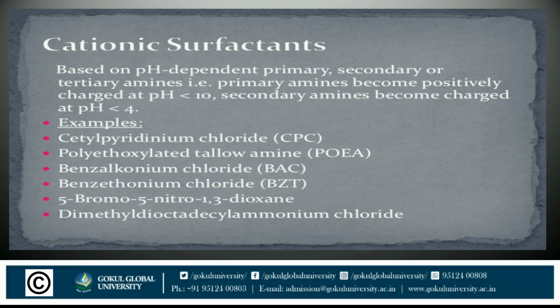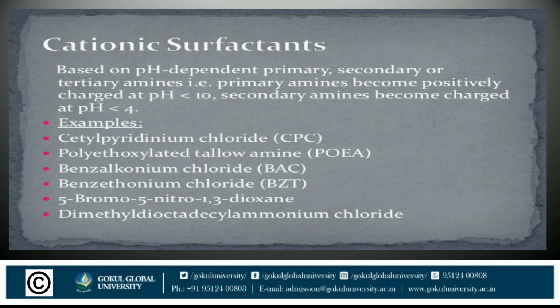Cationic and non-ionic surfactants, however, are compatible. For example, some common cationic surfactants include alkyl ammonium chloride. Now, you can see pH-dependent primary, secondary or tertiary amines. For example, primary amine becomes positively charged at pH less than 10.